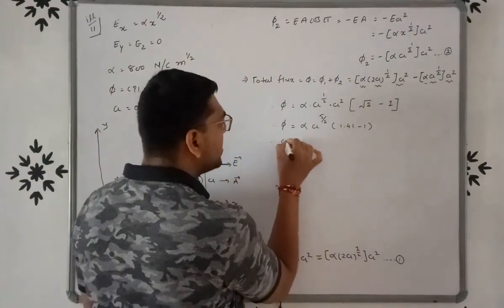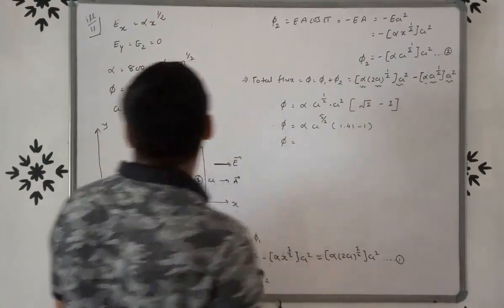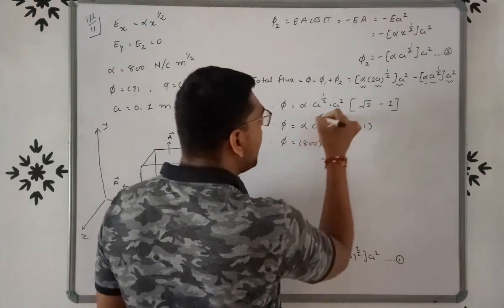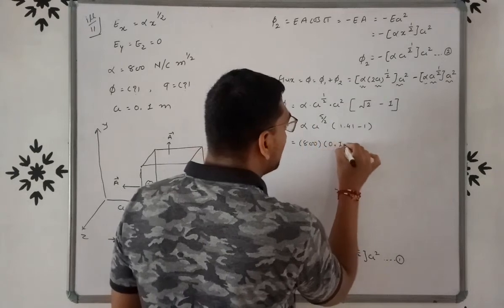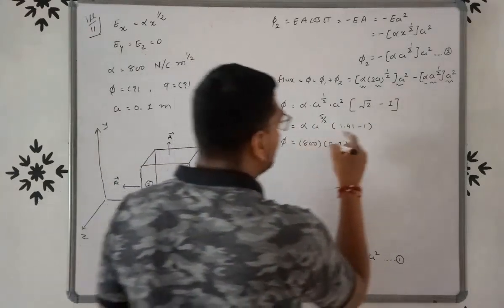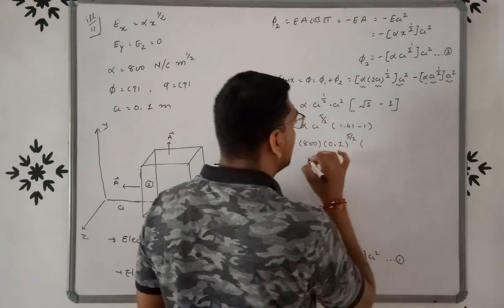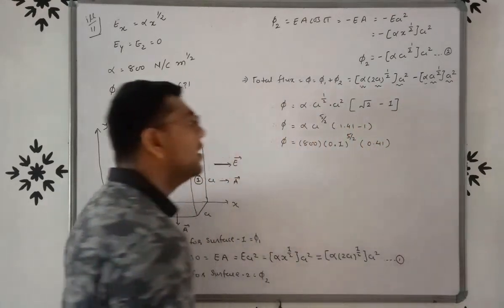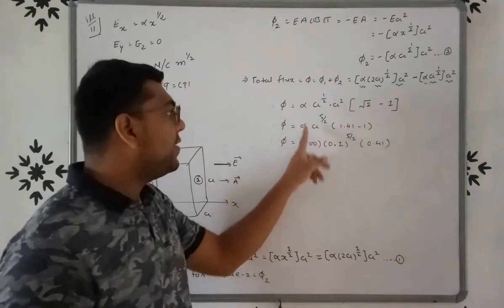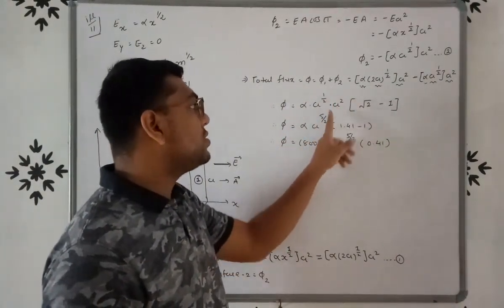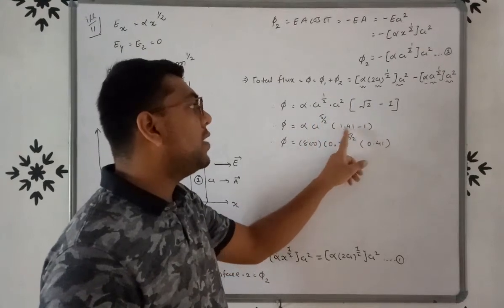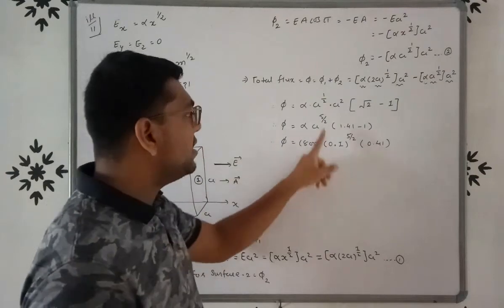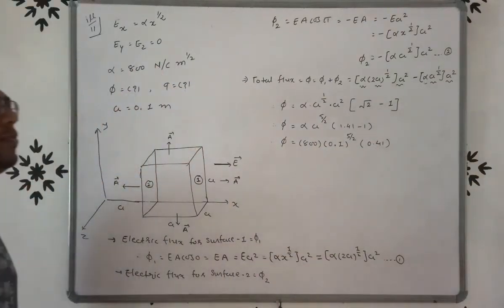We know the value of alpha is 800, the value of A is 0.1 raised to 5 by 2, and 1.41 minus 1 is 0.41. So phi is 800 into 0.1 raised to 5 by 2 into 0.41.